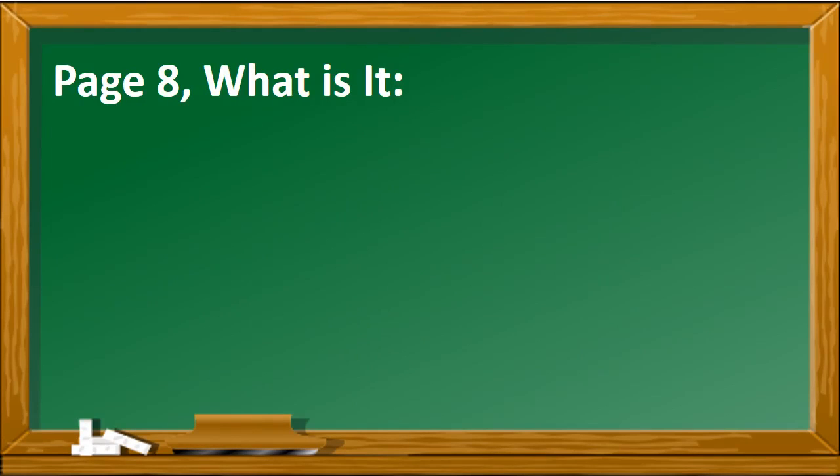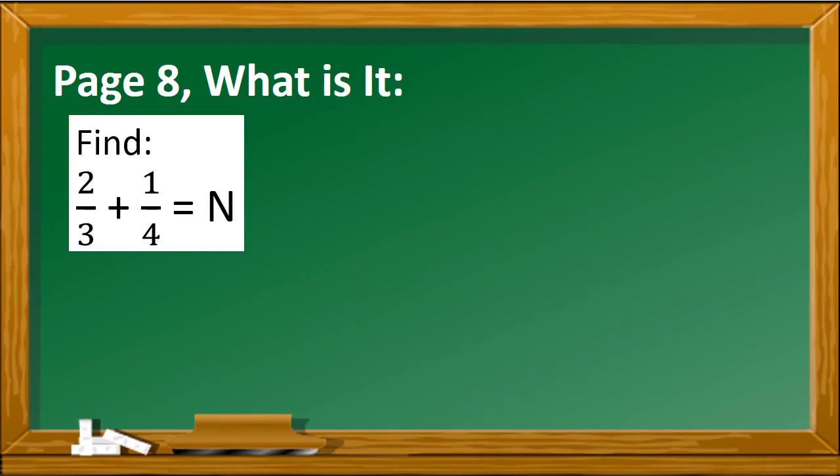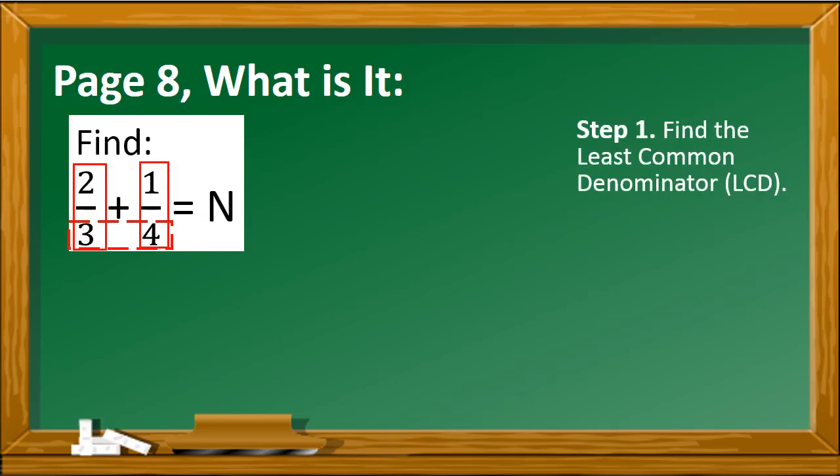What is it? Find 2/3 plus 1/4 equals n. Since the denominators of the fractions are not the same, we cannot directly add. Hence, we need to change 2/3 and 1/4 into similar fractions. How? Step 1.